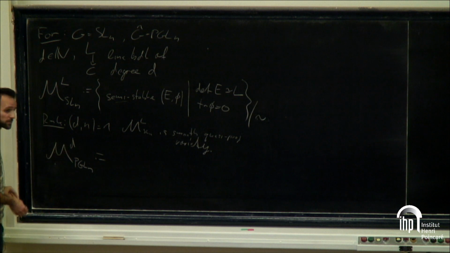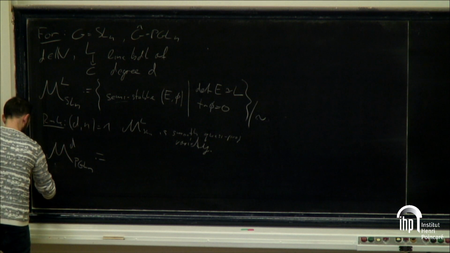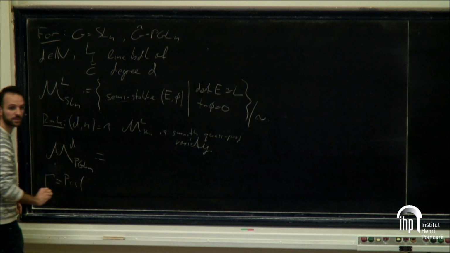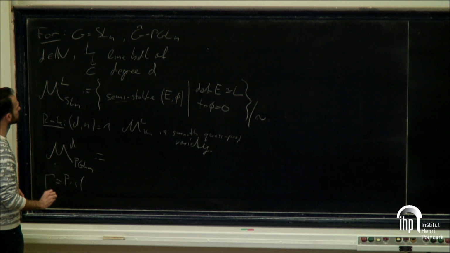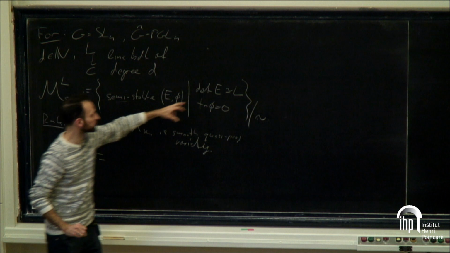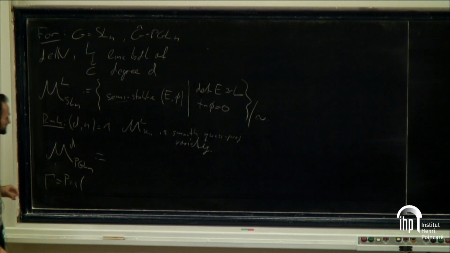But for us, there's an easier definition. So I denote by gamma. Phi is an endomorphism of E, tensored with the canonical bundle. Exactly, yes.